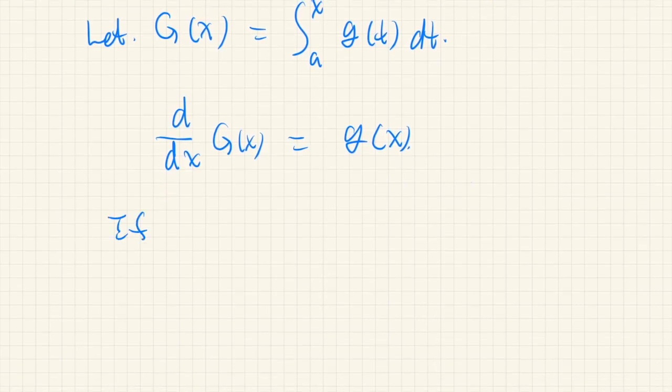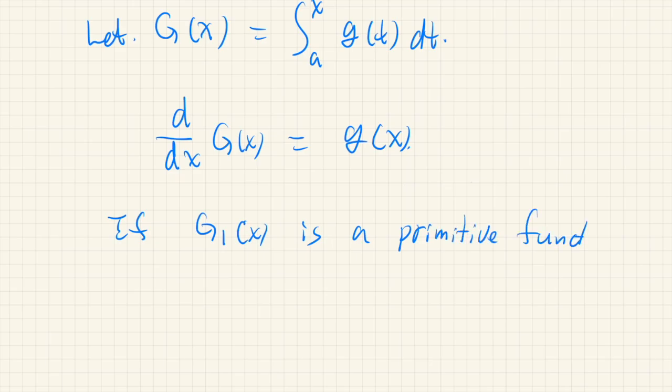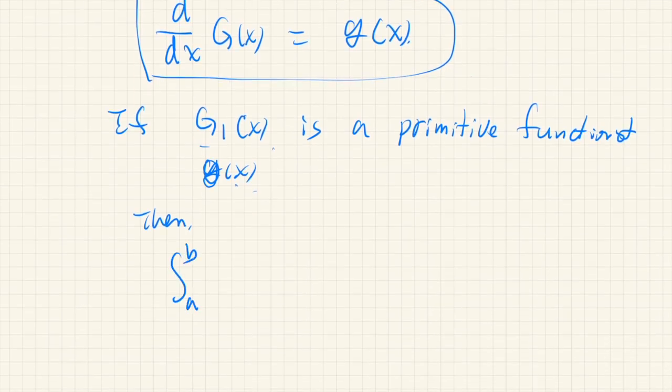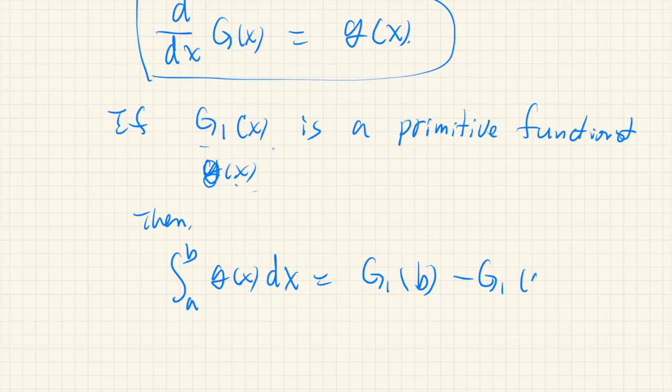And conversely, if g1 of x is a primitive function of g of x, so that means g1 satisfies this equation, so if its derivative is equal to lowercase g of x, then we have the integral of g of x from a to b is equal to g1 of b minus g1 of a.